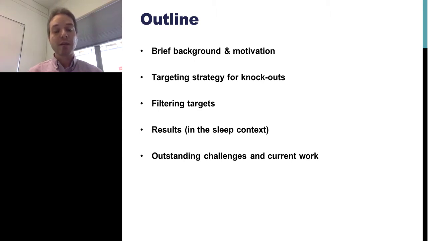Then I will explain in the specific context of knockouts what kind of targeting strategy we developed. Then we'll explain how our algorithm is filtering targets so that we only select what we think are going to be good targets. I will show you some results in the sleep context, and then I will explain the types of challenges we're currently trying to solve.